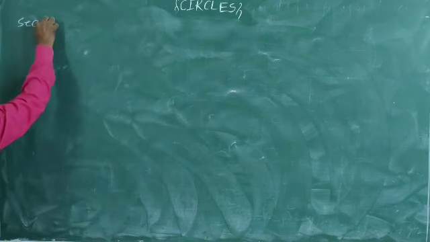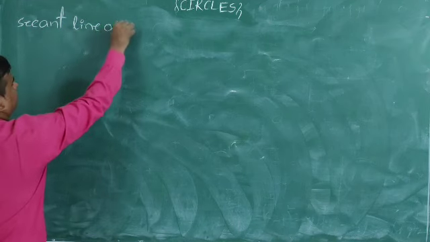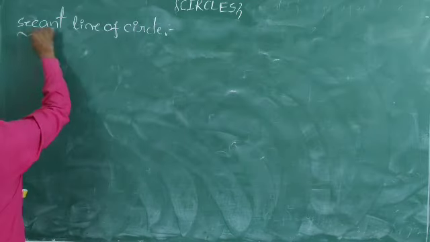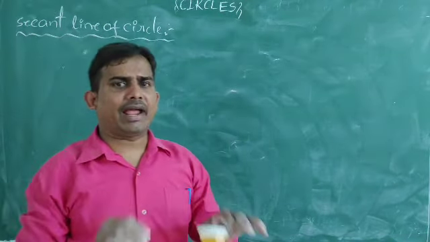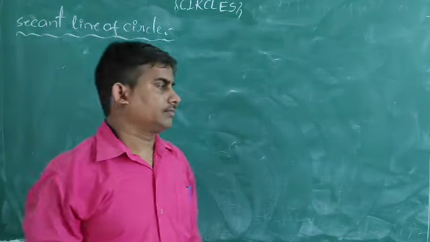What is the secant line of a circle? What is the meaning of secant line? Very clear. Secant line means a straight line passing through 2 points of the circle.